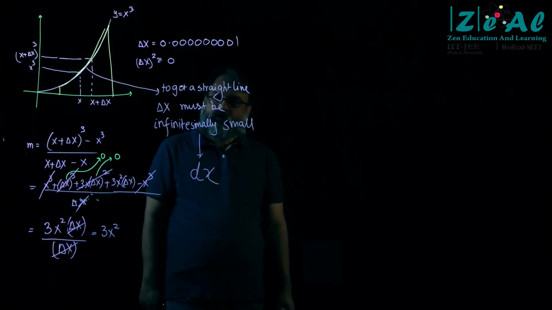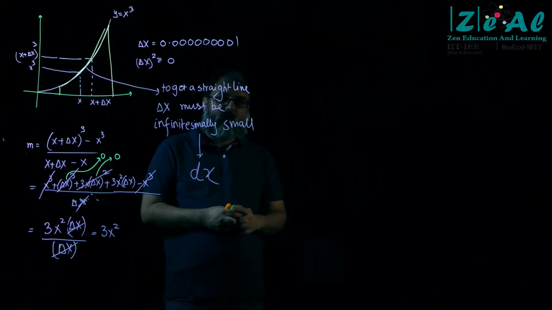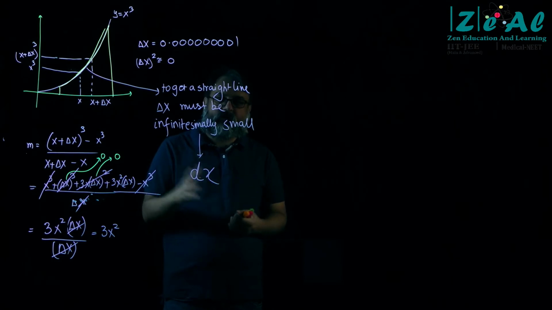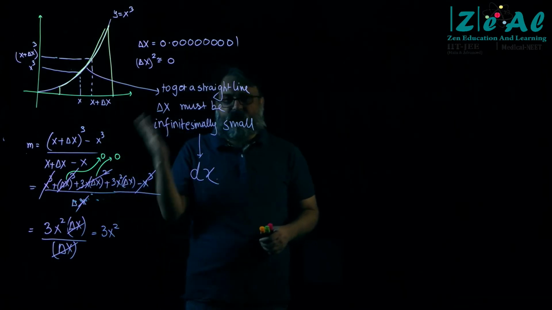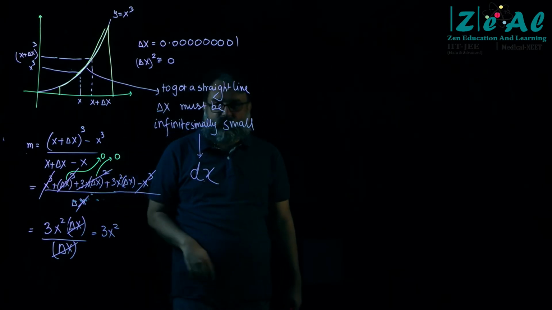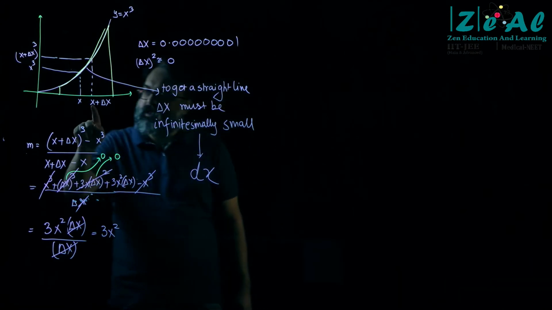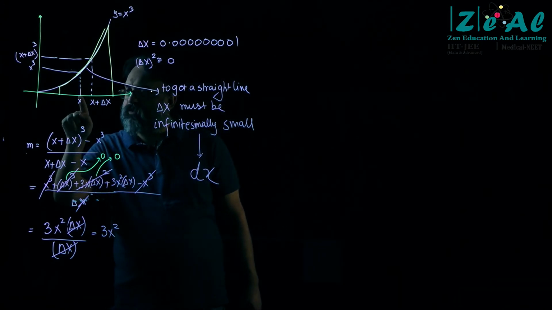Now, what is the meaning of delta x? It is an absolutely correct statement that delta x means the change in x. It is equal to the final value of x minus the initial value of x. When I say that this is x plus delta x, I literally mean that this is the final value, and this is the initial value.